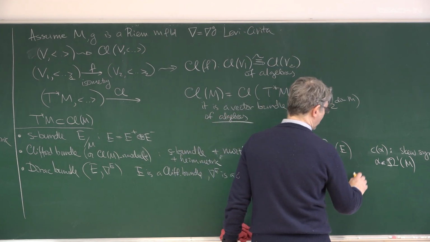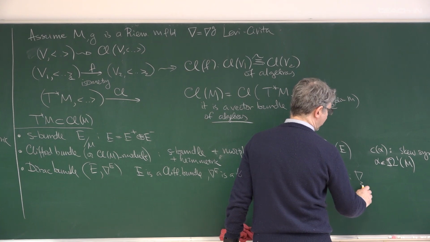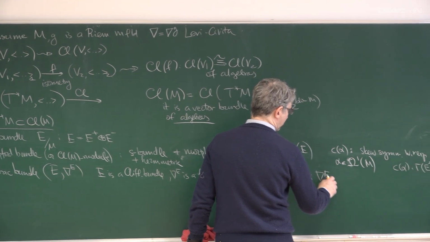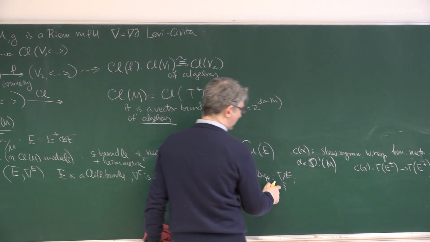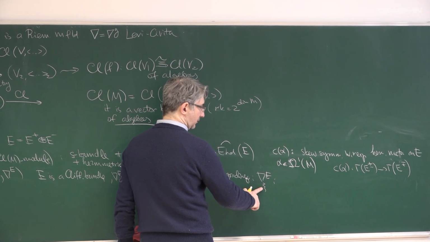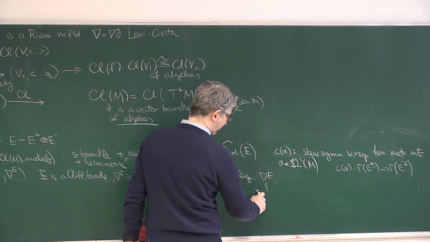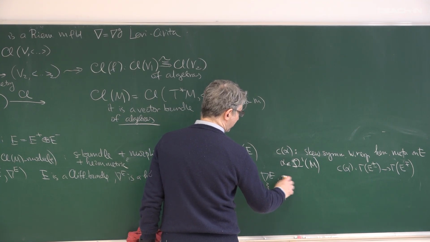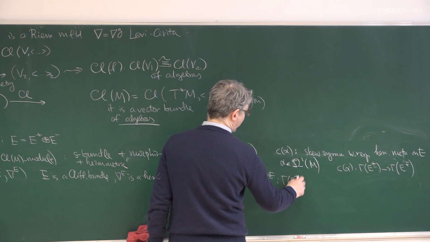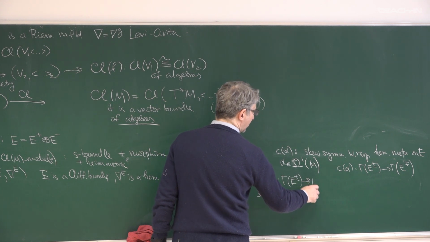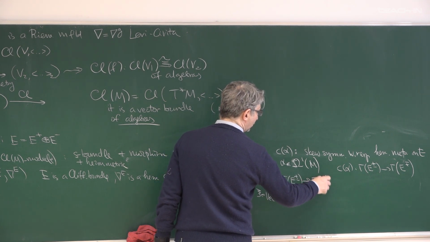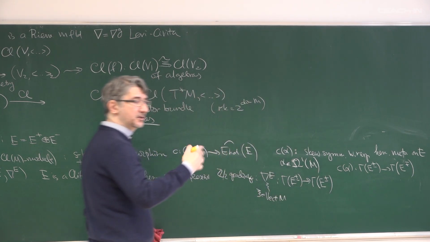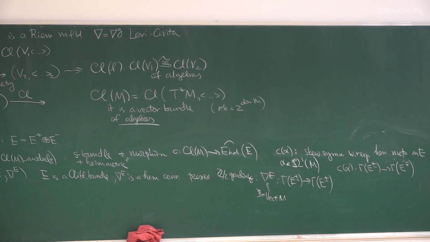Now I write the formula which I erased. If you take a covariant derivative along a vector field xi, where xi belongs to vector fields on the base manifold, then sections of E plus or minus go to sections of E plus or minus, not changing sign.